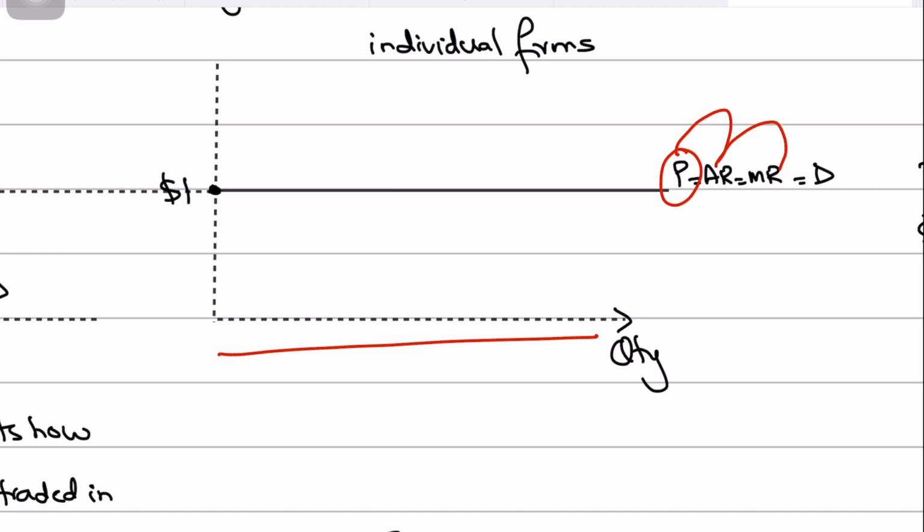And this entire curve, we will say, is also the demand curve as well. This line is representing the demand curve, because it's establishing the relation between price and quantity demanded as well. It's simply telling us that over this range of output, what quantities would be sold by the firms at what price, which is obviously constant.